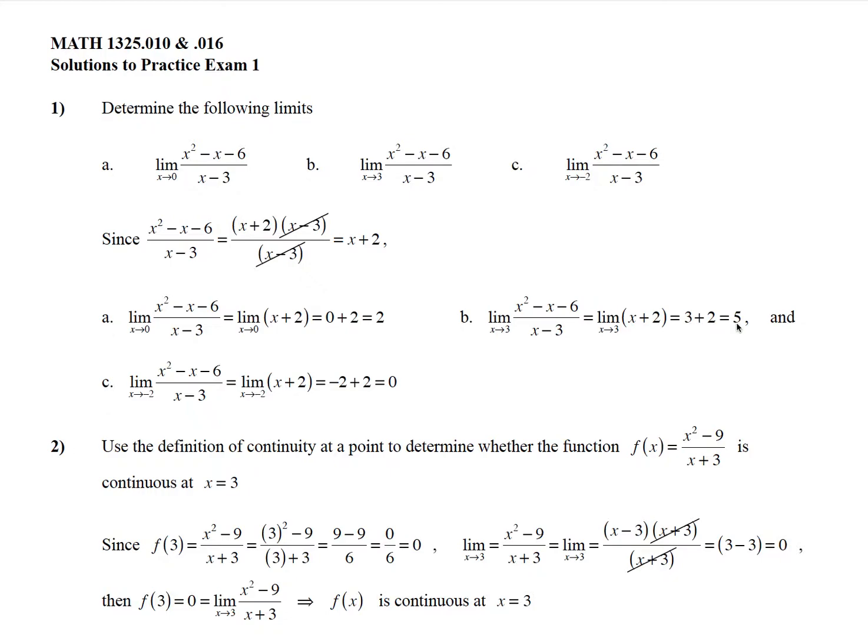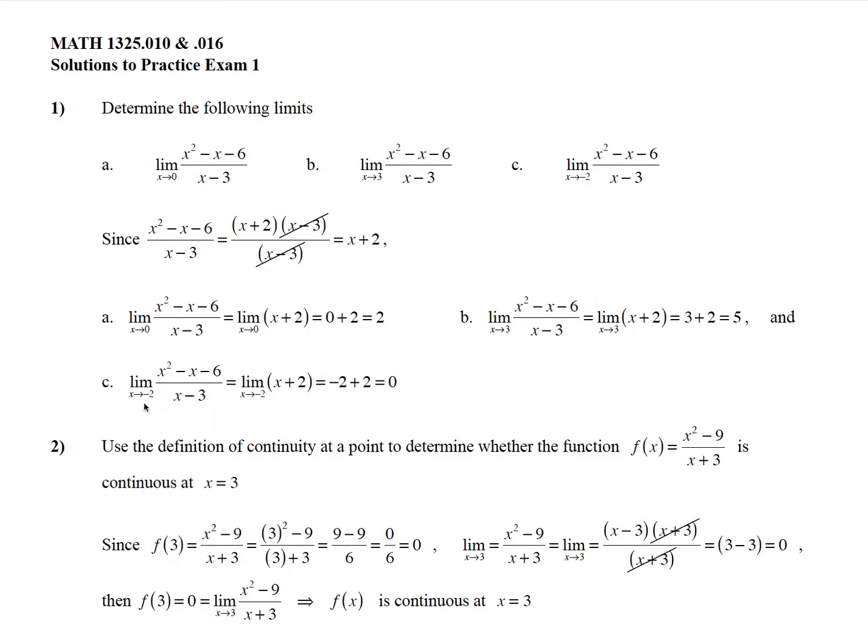So that's that limit. Now you'll notice, perhaps, that in the denominator here, 3 minus 3 is 0, and we can't divide by 0. That means that there would be a hole in the graph of this function, but the limit still exists, and it is, in fact, 5.